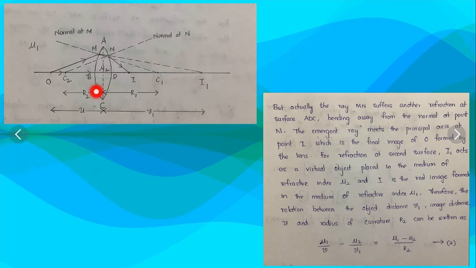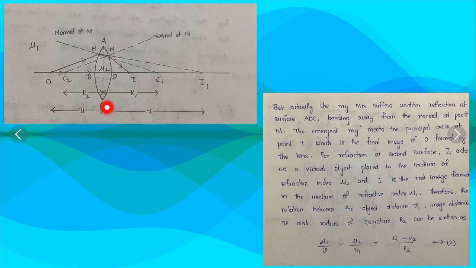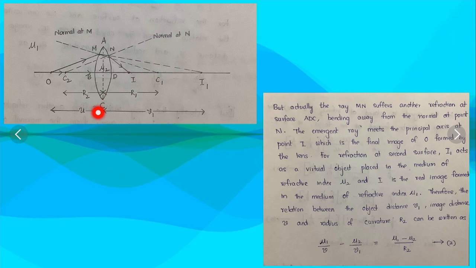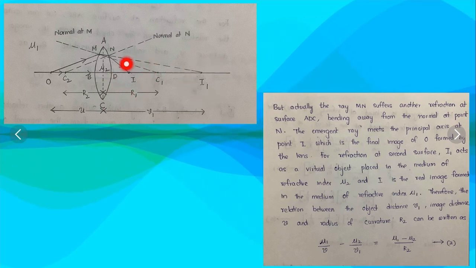The image formed by the first surface ABC becomes the object for the second surface ADC. For the first surface ABC, O is the object and I1 is the image. For the second surface ADC, the image formed by the first surface, I1, becomes the object. Then the final image of I1 is formed at I.